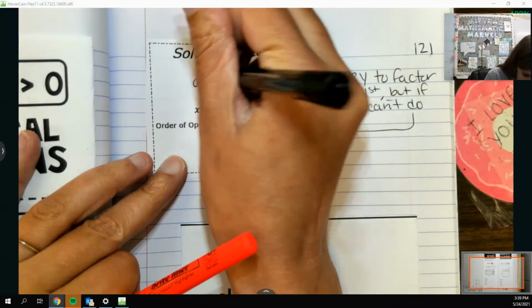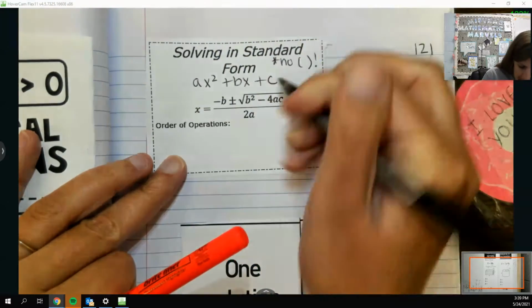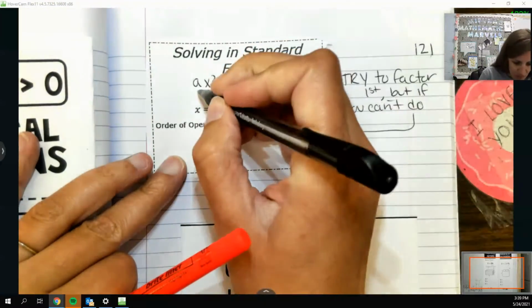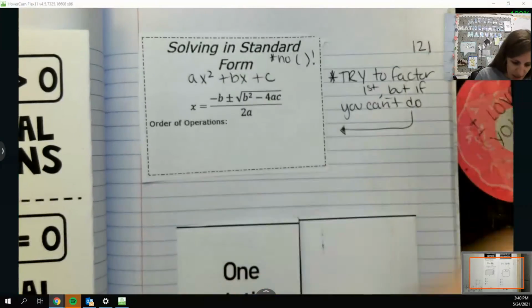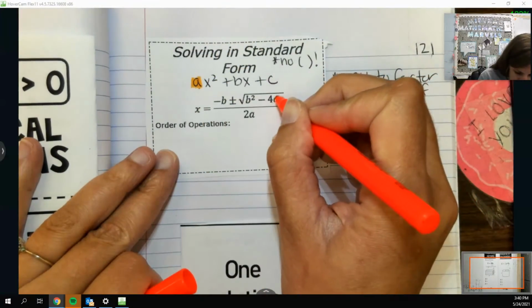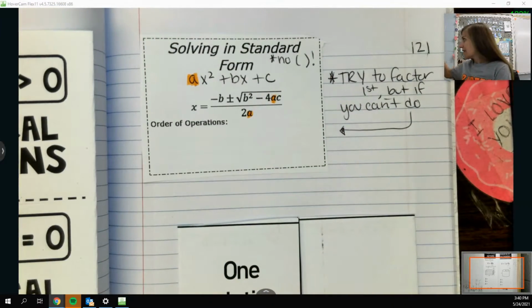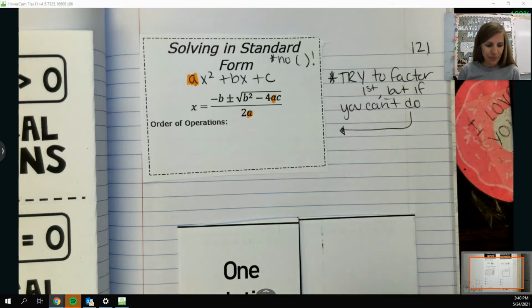I also want to remind you guys that when we are in standard form, that's where the a, b, and c comes from. So a is sort of the first number here, just the number, not the letter. And so wherever we see a in our formula, we will replace it with that number.